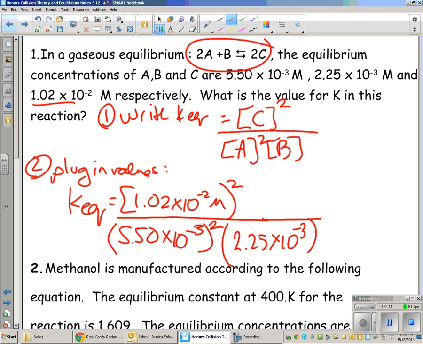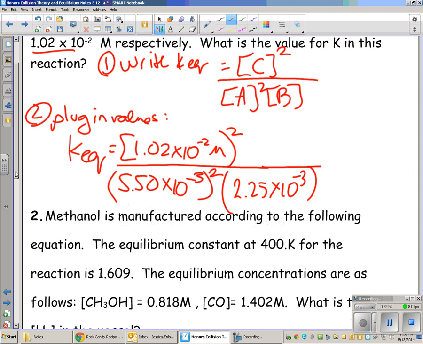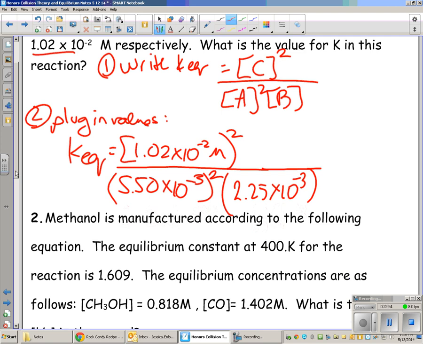So in your calculator, parentheses 1.02 times 10 to the negative 2, and parentheses squared, divided by the entire denominator has to be in parentheses or it's not going to be pretty. 5.5 times 10 to the negative third to the second power times 2.25 times 10 to the negative third in parentheses. What'd you guys get? Say it again.